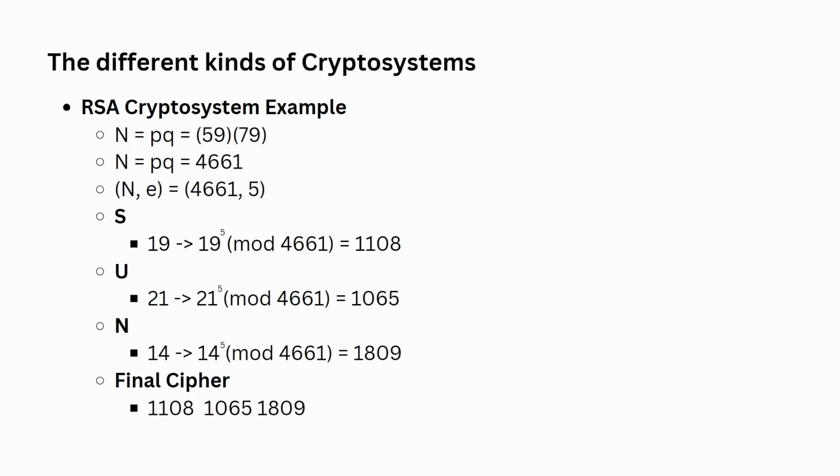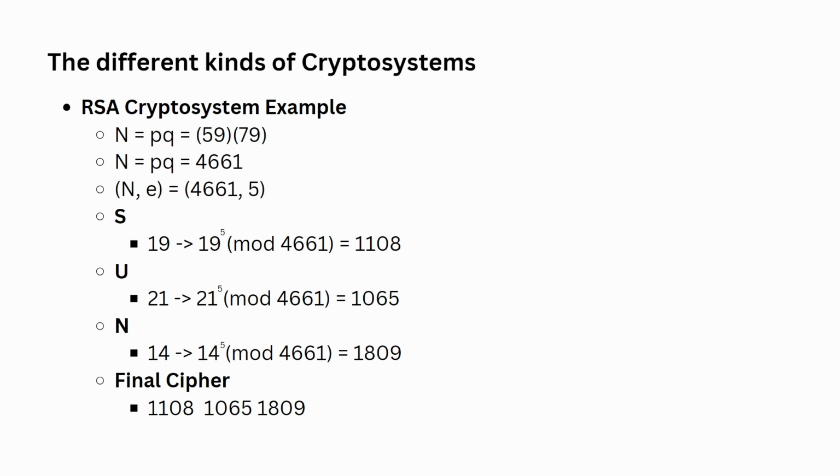Let's now try computing this. First we have n equals pq, which is 59 times 79, in which the answer will be 4661. We will then have our public key, which is 4661 and 5. Let's now compute for the final cipher of the word sun. Let's start with the letter S, which is denoted by the number 19.